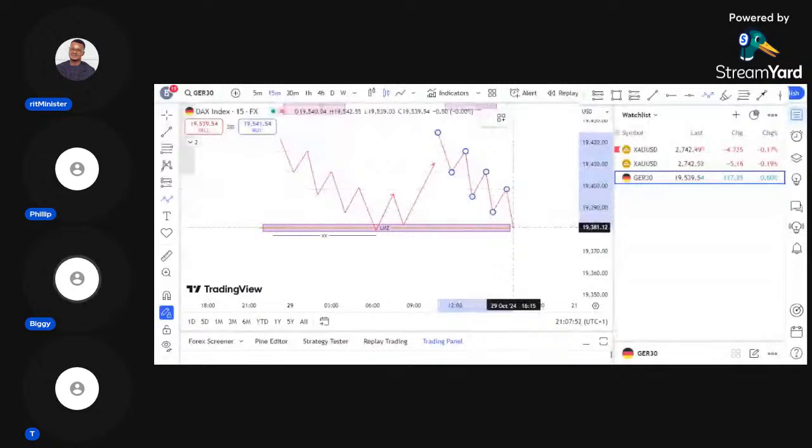And then we come to the zone, and then we fail to take out the liquidity of the Asian low or the previous day low.